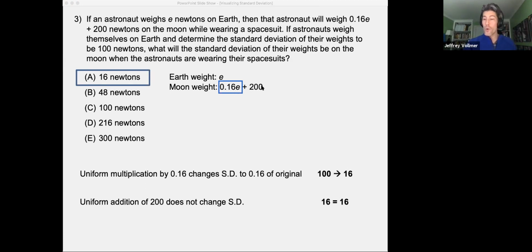The 200, since it's consistently added, is just the intercept, how far up that y equals 0.16x line goes, but it doesn't alter how y changes with respect to x. That's a way to think about it.